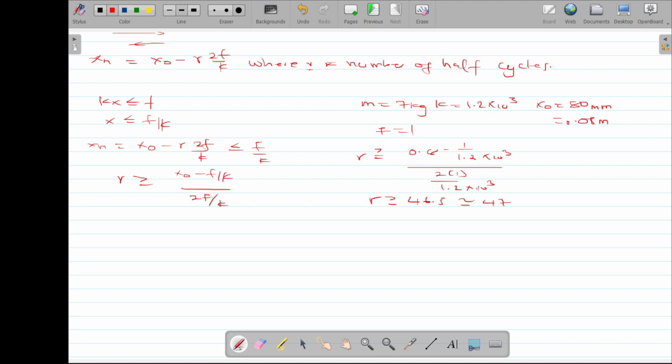Now, knowing that for each half cycle the time is pi over omega n, the time taken to stop will be equal to 47 times pi over omega n.